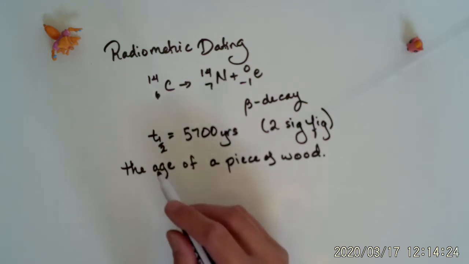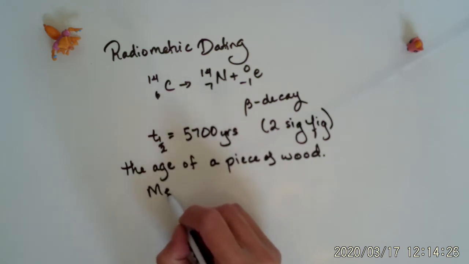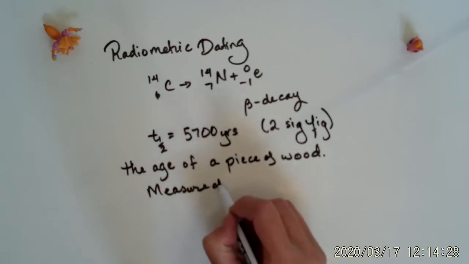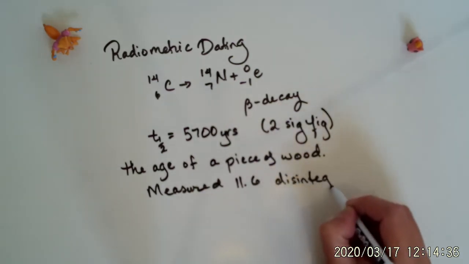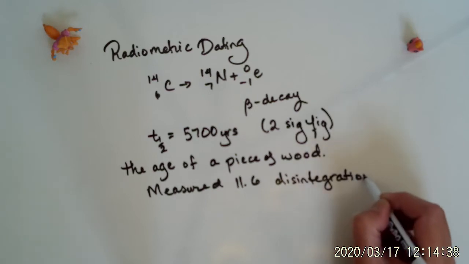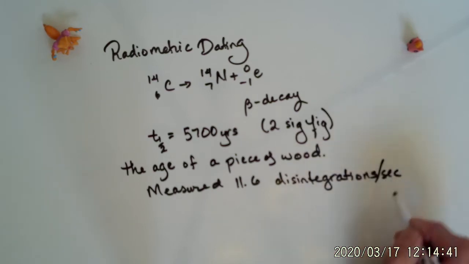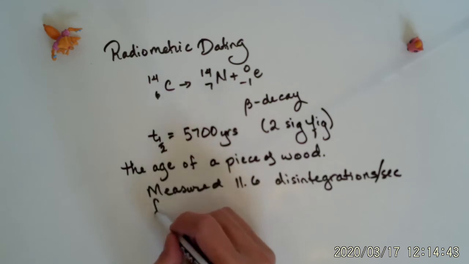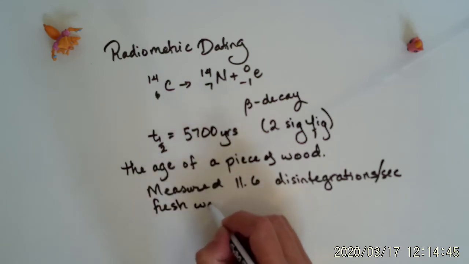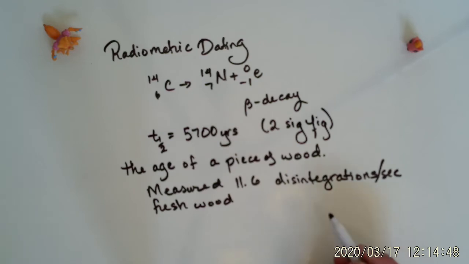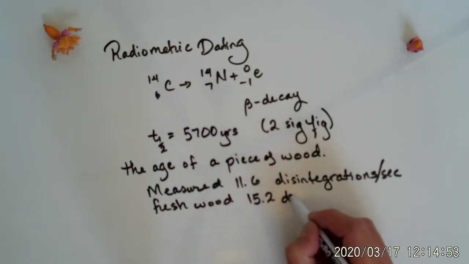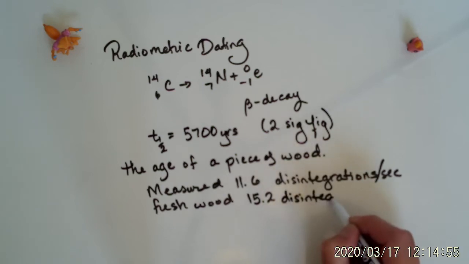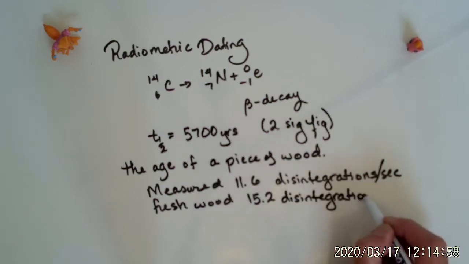So let's say that they have measured 11.6 disintegrations per second, and fresh wood has been shown to have 15.2 disintegrations per second.